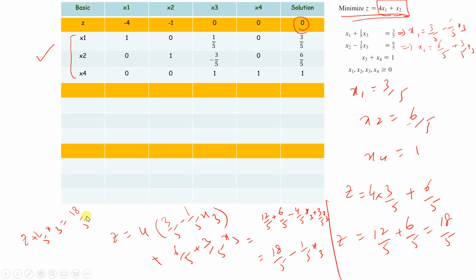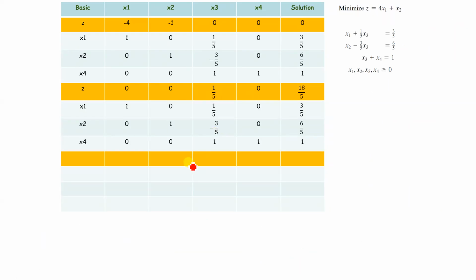So let's write these coefficients in the new 0 row. So we have 1 over 5 here, 0 here, 0 here, 0 here, and we have 18 over 5. Now this system is consistent, and the rest of the rows are the same. Okay, now we'll again proceed with the iterative process of the simplex method in order to obtain an optimal solution.